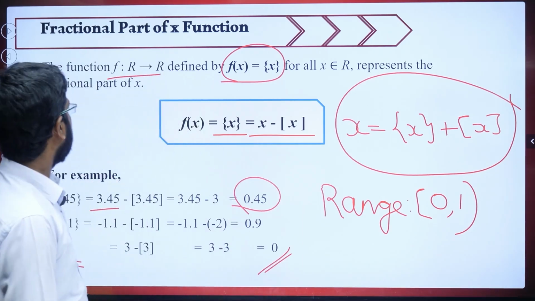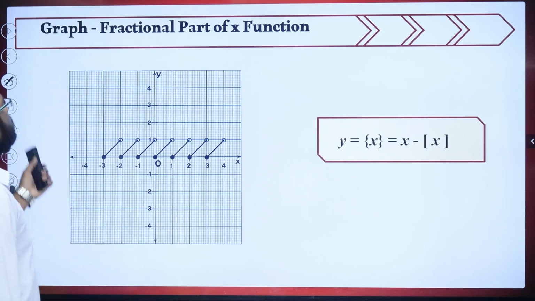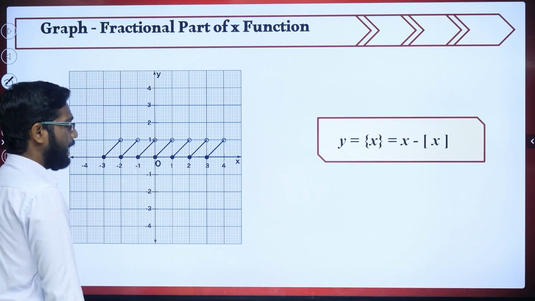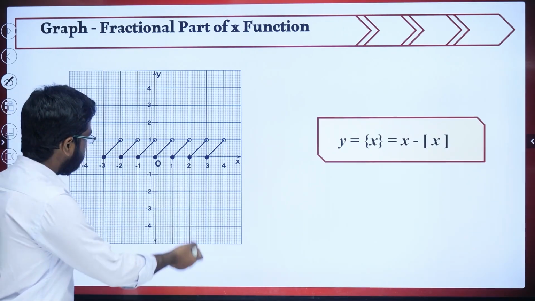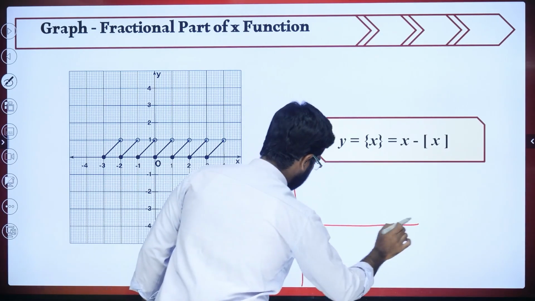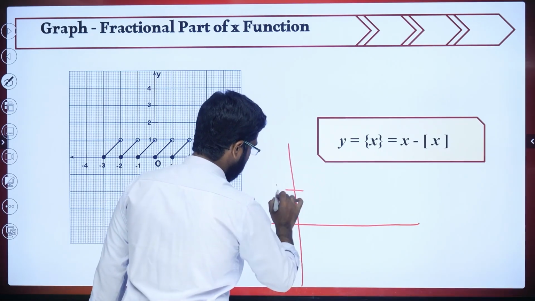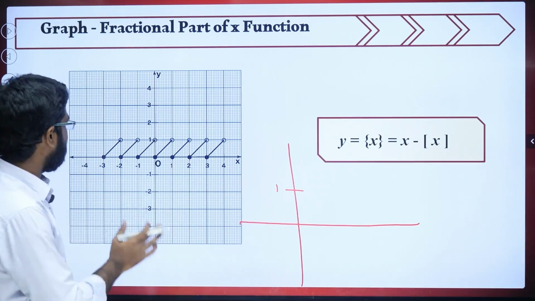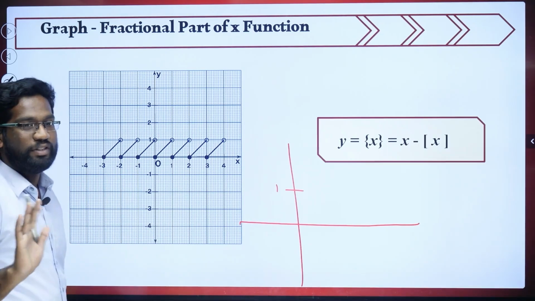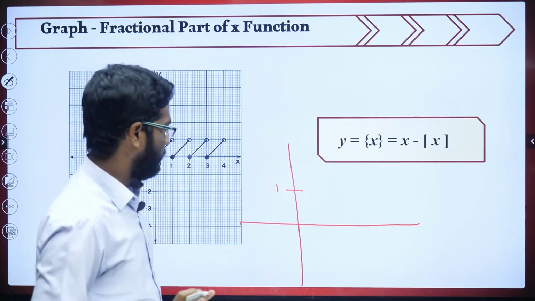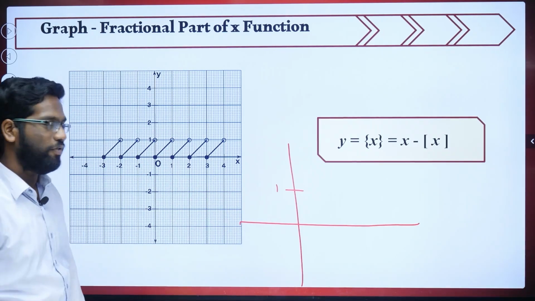Okay. Now, my dear students, the graph of the fractional part function. I have already explained this graph. Whatever values we take from 0 to 1, this is a positive function, my dear students. It will never take negative values, like the modulus; it will always give positive values only.